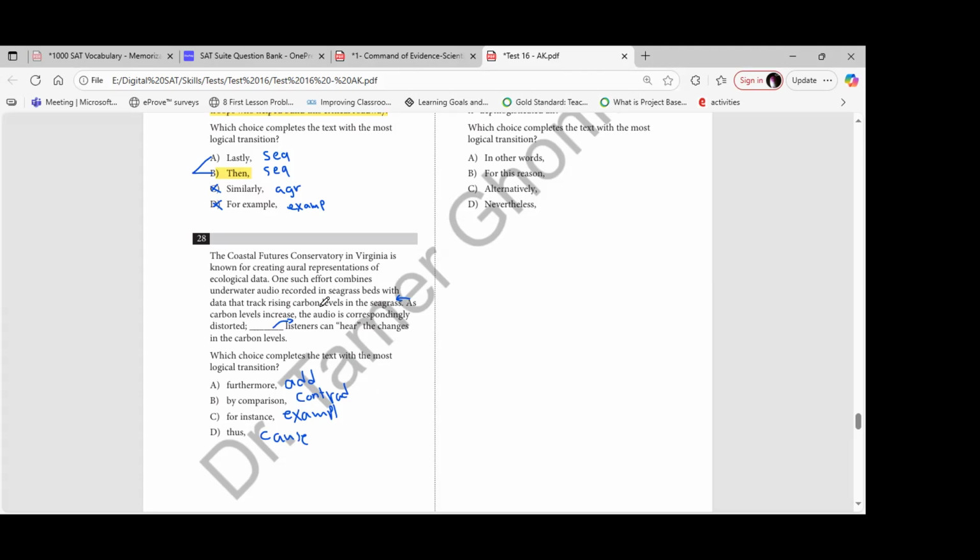So according to that, it's a cause and effect relationship, because when carbon level increases, the audio is distorted. So because of that, listeners can hear the change in the carbon level. So the answer is going to be D.